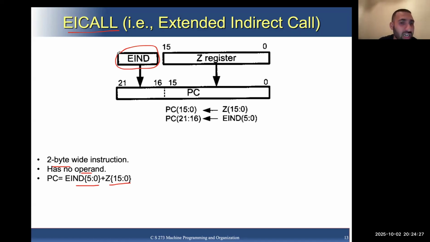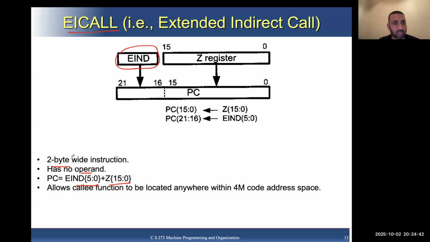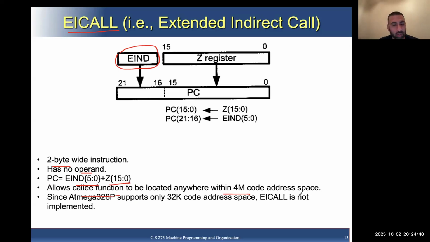This register is not implemented in ATmega328P, but it is implemented in the versions of the AVR microcontroller with larger code memory. So it allows the called function to be located anywhere within a 4 mega code address space.